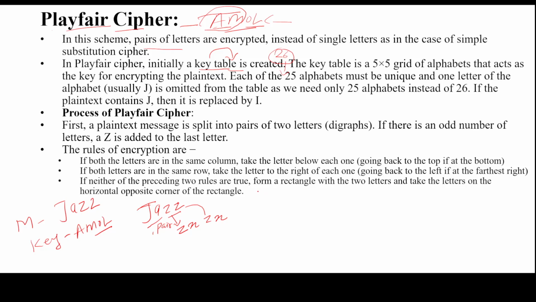Let's consider PREET, P-R-E-E-T. This is our original message. So we have to make pairs of the original message in the first step. That is our first step of the Playfair algorithm. So PR will be our first pair. Then see here, EE are repeated letters.